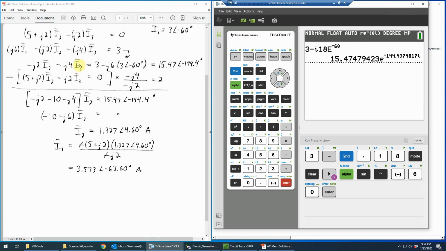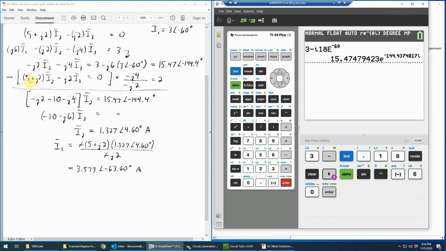Or I could solve for I3 here by a similar process, adding this term to both sides and dividing by negative j4. And then substitute the I3 into here, or I could solve this equation for either variable and plug it in up here. Whichever you prefer is fine.